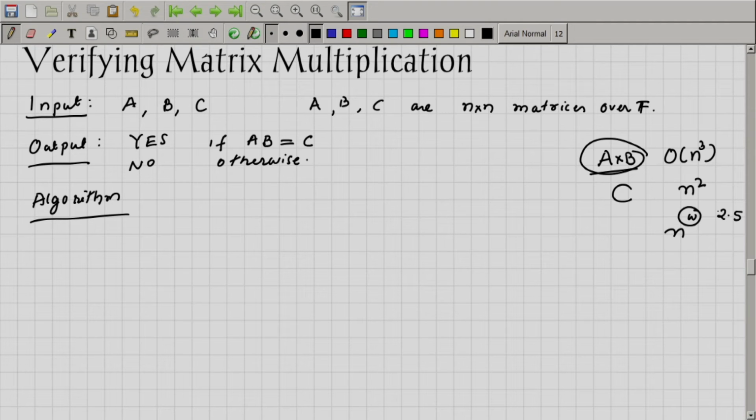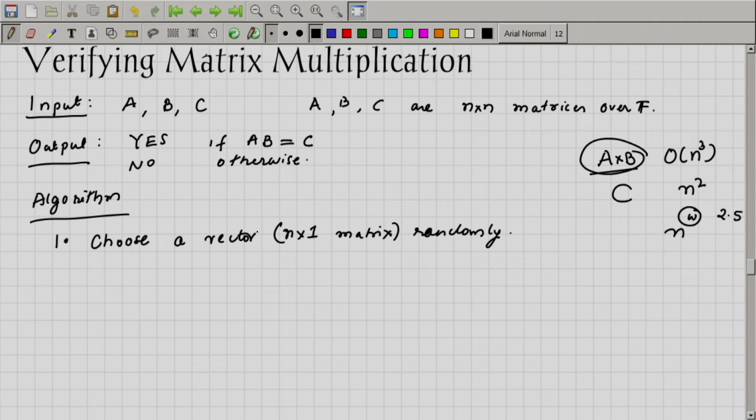So, can we get an algorithm which will do this task better than these algorithms, without multiplying out matrices A and B? Is there some other way? Now, there is a simple technique. Let me write down the algorithm. Choose a vector, which we will think of as an n cross 1 matrix, randomly.